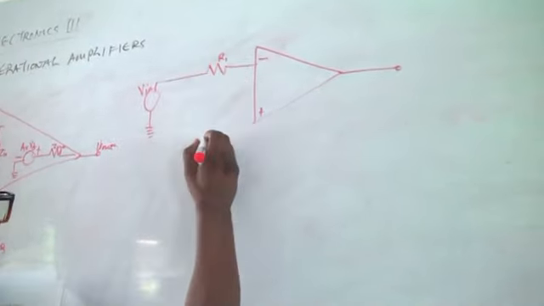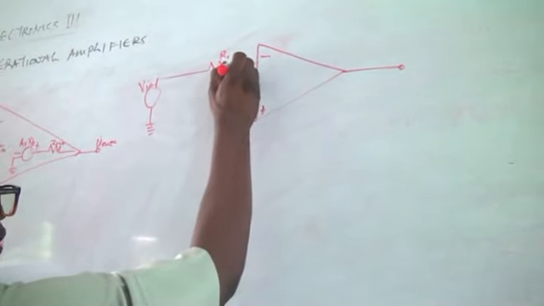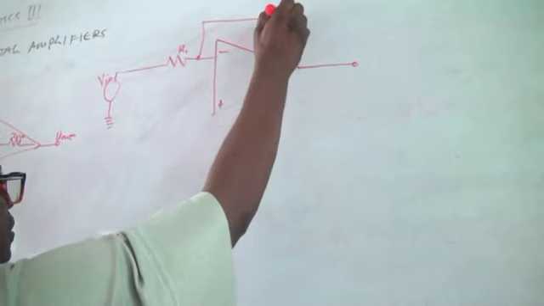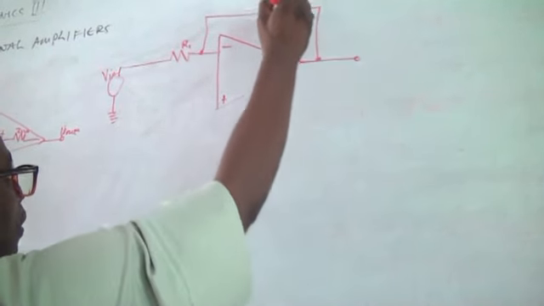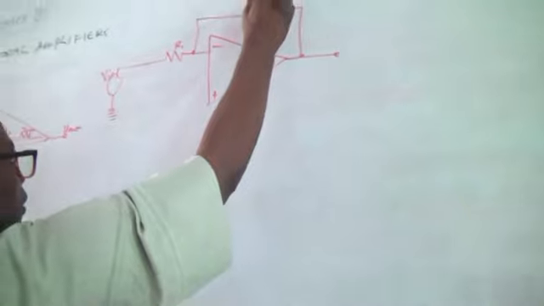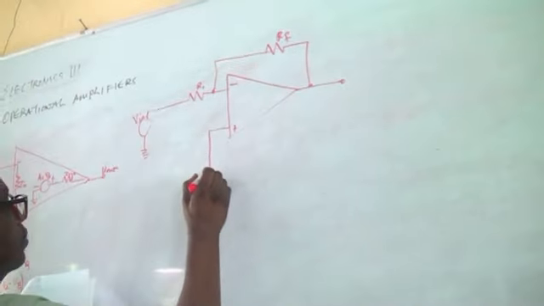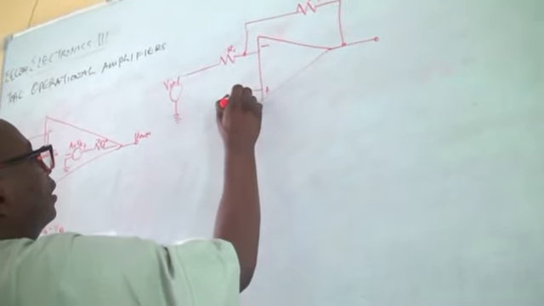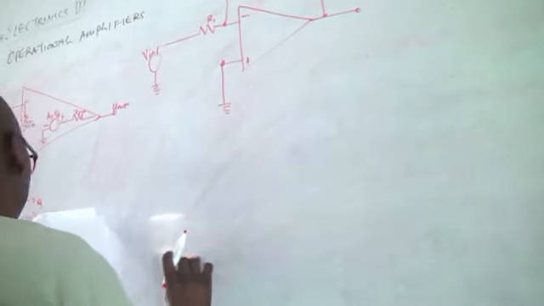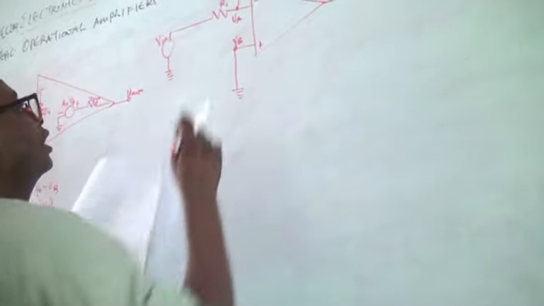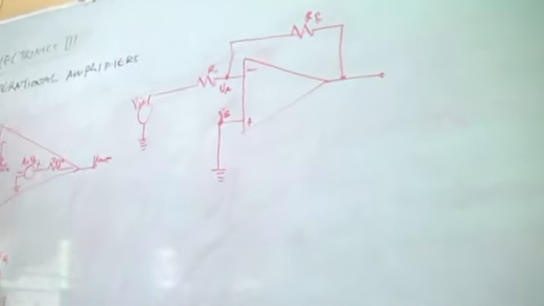This R1, and then part of this is taken as the feedback resistor. That is RF. And then the other terminal is what? Grounded.